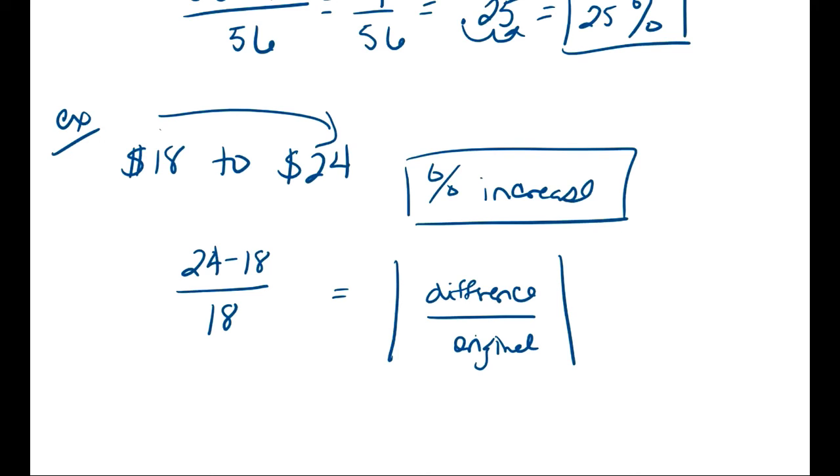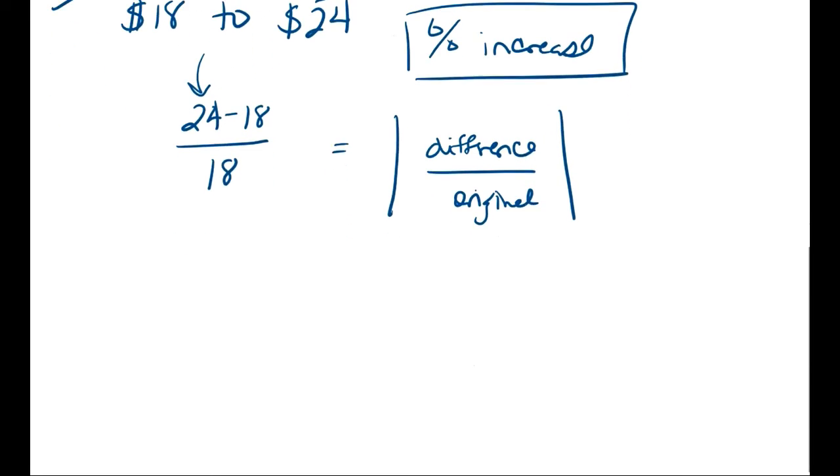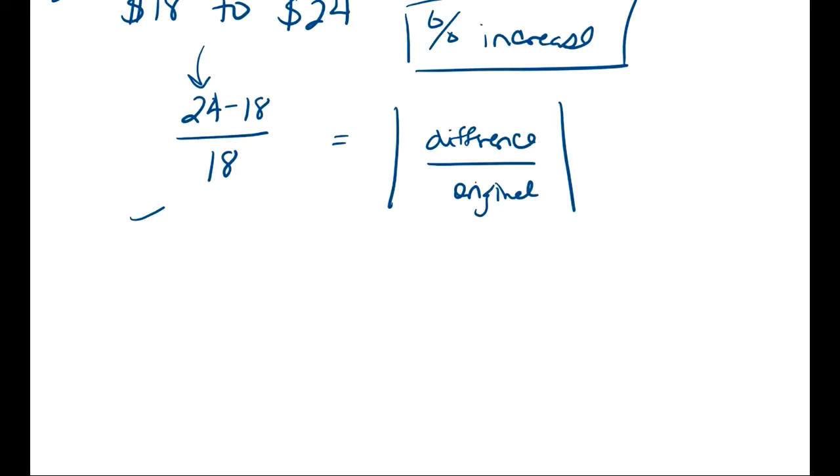But we can be assured of that if we simply just put the larger number first on top. So either one, if you want to do the absolute values, that's fine, or just remember to put the larger number on top to get a positive. But always put the first number down below.